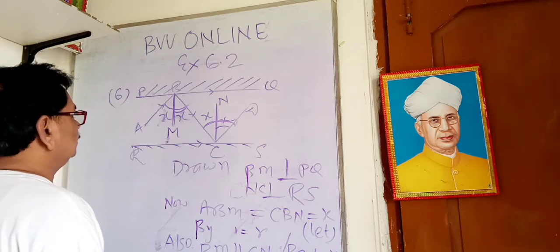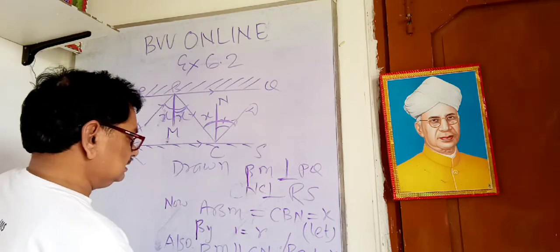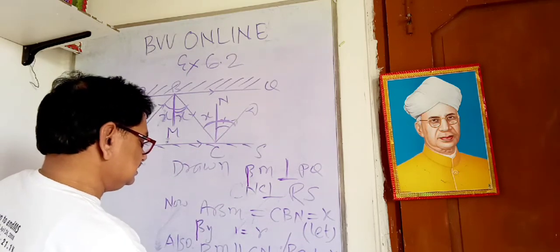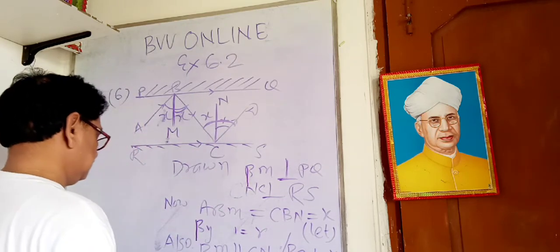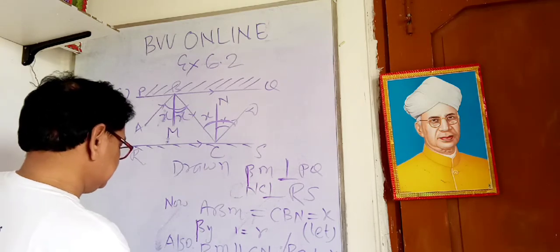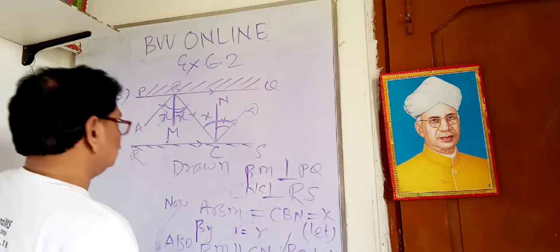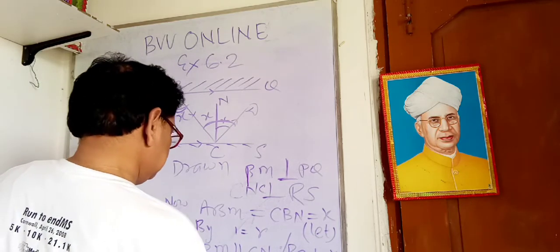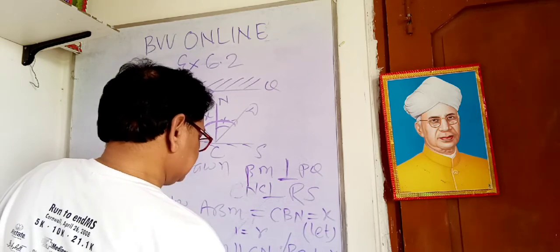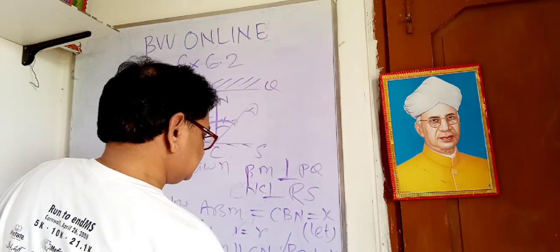So angle ABC is also equal to angle DCN. So therefore angle ABC equals angle DCB, alternate angles.